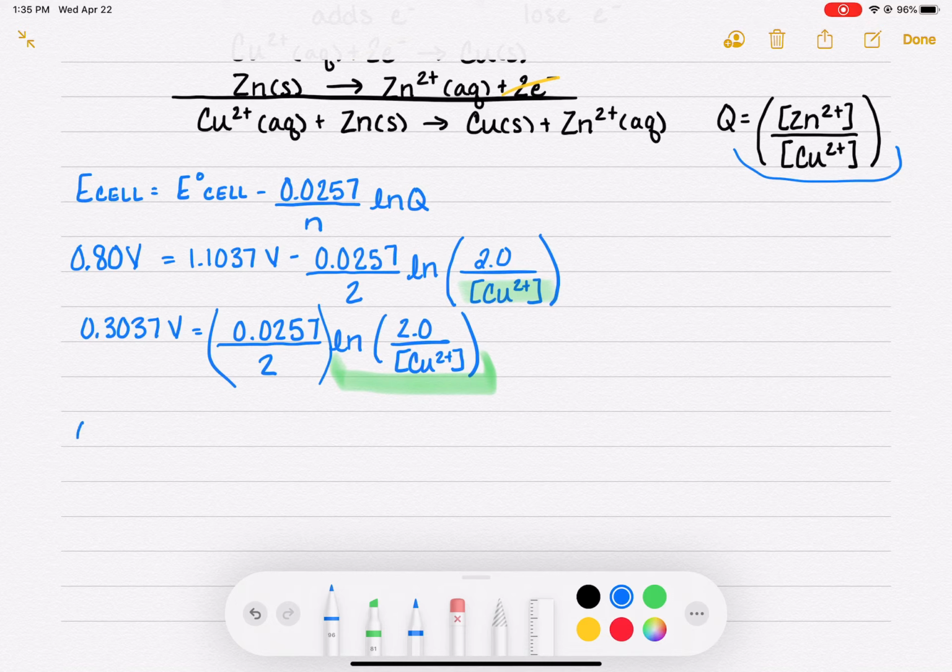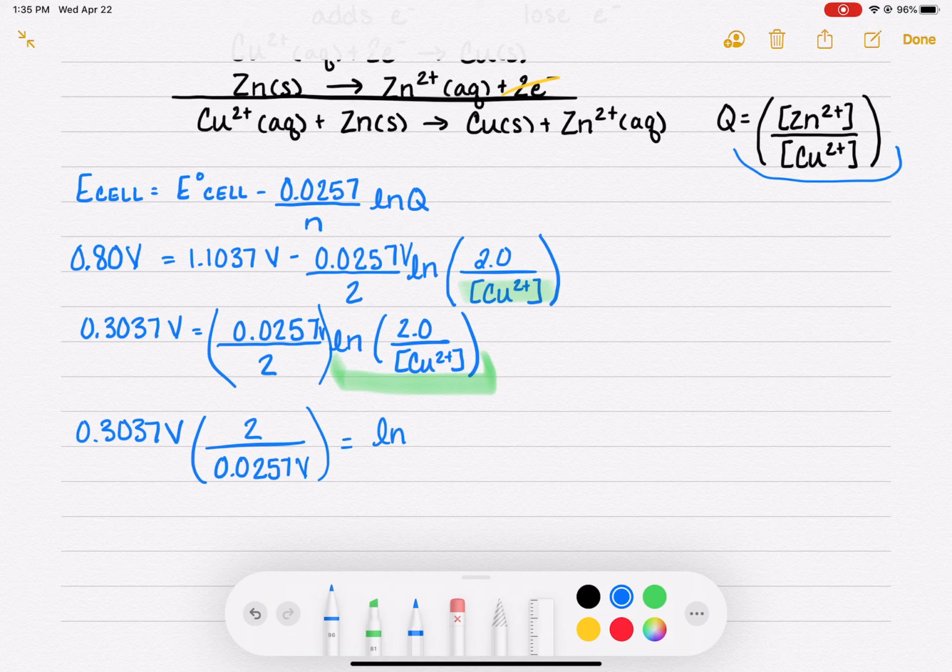So I'm going to get 0.3037 volts times 2 over 0.0257. I feel like this is a volt. I'm missing a unit on there. A volt there. So that those volts will cancel.